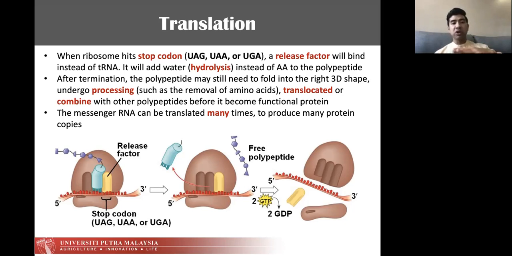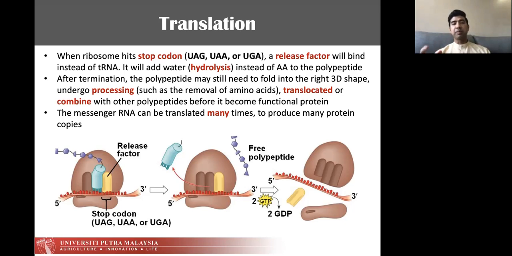Because as long as your mRNA is in your cytoplasm, your ribosome will automatically translate, unless there is some sort of repressor that binds to the start of the mRNA that will not allow your ribosomal subunit to attach. But as long as it is free roaming in your cytoplasm, it will be translated many times.